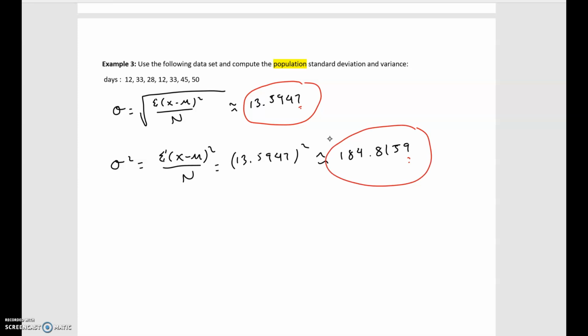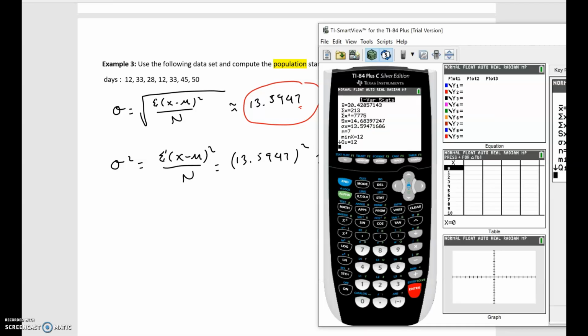So all I really need to see is the same as we did before: the actual variable, the formula associated, and then the calculator. I do need you to tell me somewhere that you're doing a one variable stat. That's just to make sure that I understand that the calculation you're obtaining is this one.